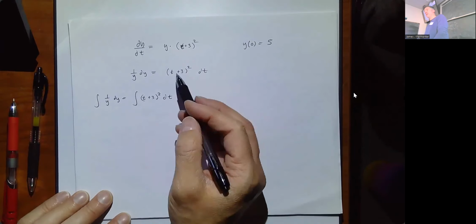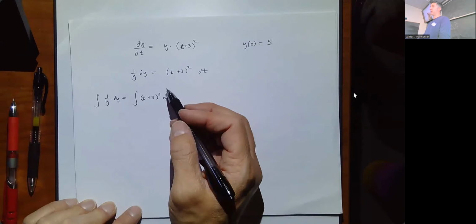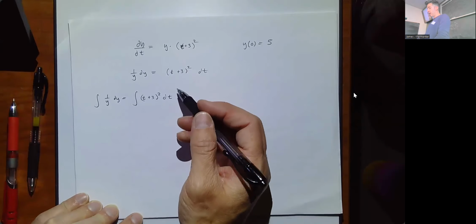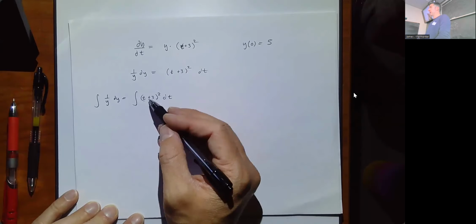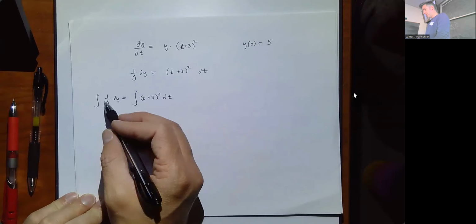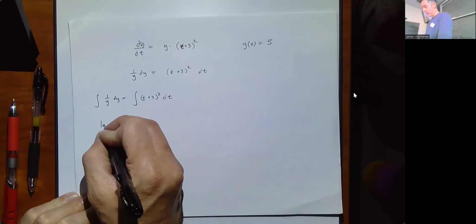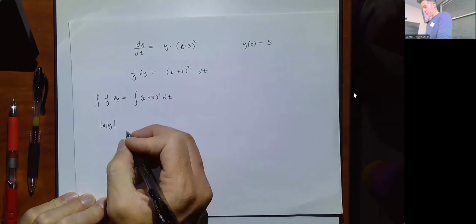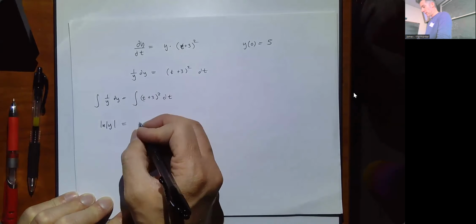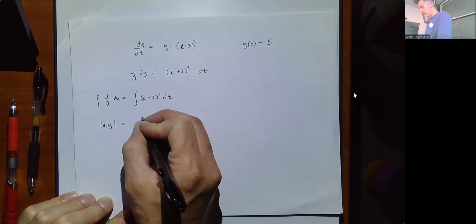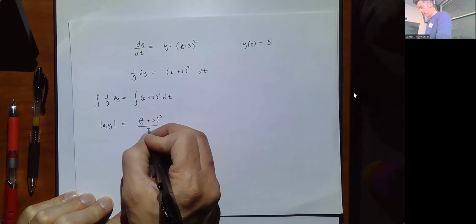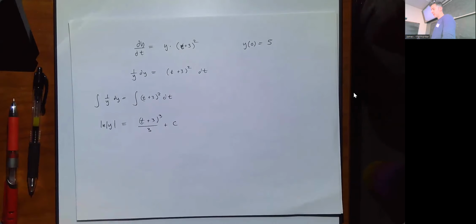You totally could multiply out the right-hand side as t squared plus 6t plus 9 and anti-differentiate that way, but I think we can just anti-differentiate this as it is. Integral of 1 over y is the natural log of the absolute value of y. Integral of (t plus 3) squared is (t plus 3) cubed divided by 3 plus c. And that should work out just fine.